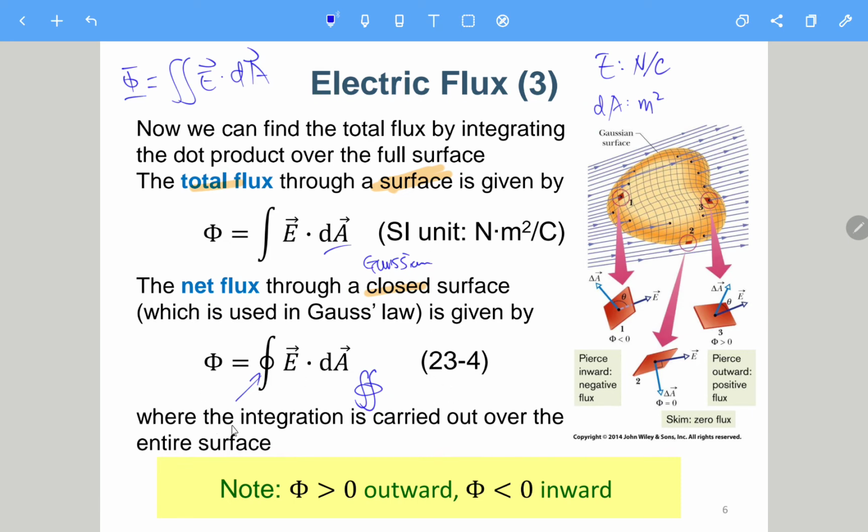And as I mentioned, if phi is larger than 0, then it means that the flux is going outward. If phi is negative, the flux is going inside the Gaussian surface.